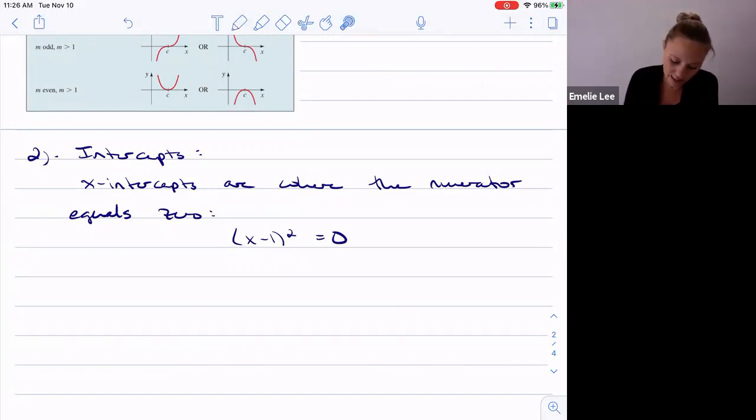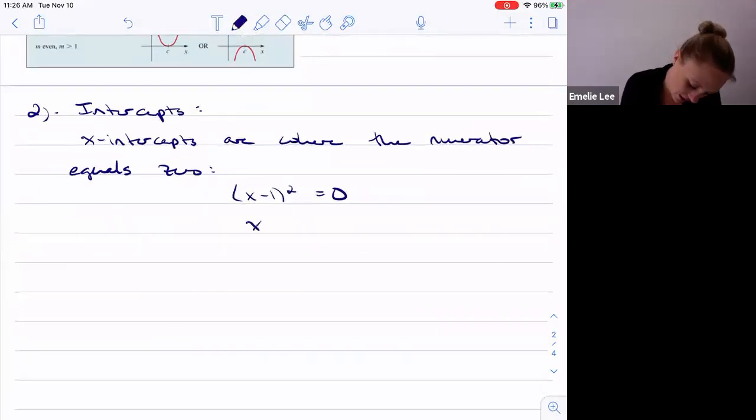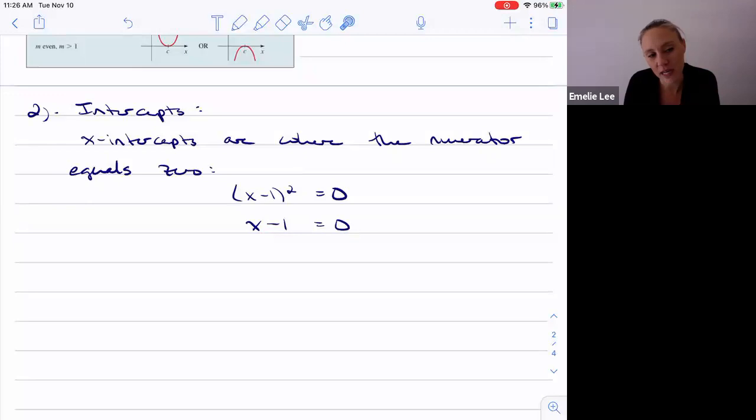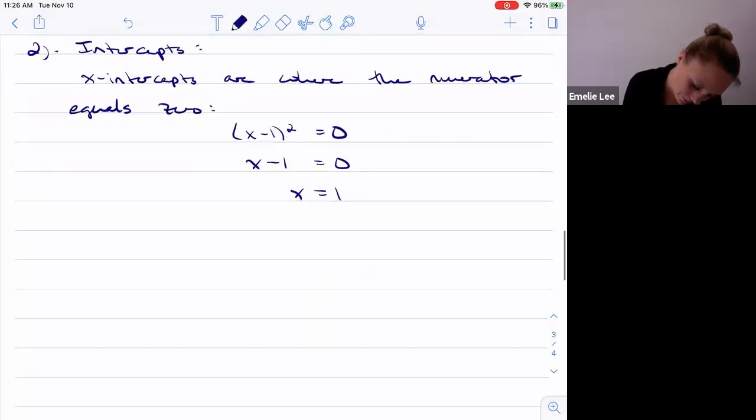So I can take the square root of this. The square root of 0 is just 0, so even though I have to take the positive and negative version, it doesn't matter. So we have x minus 1 is 0, and if I add 1 to both sides, x is equal to 1, the x-intercept.